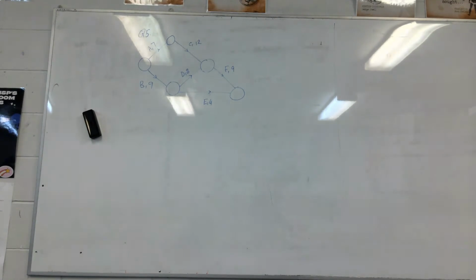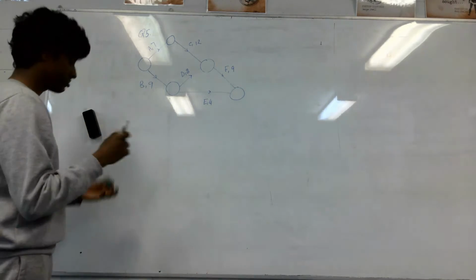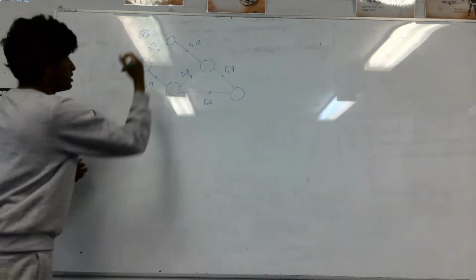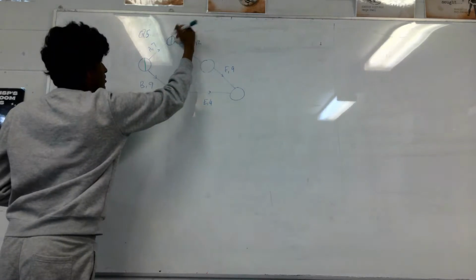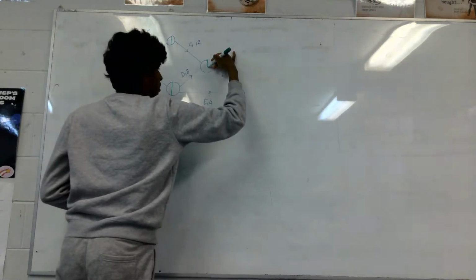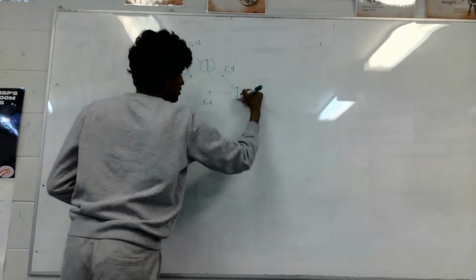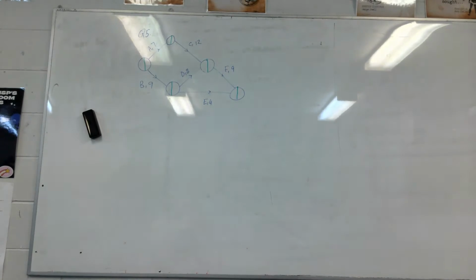So to do part A, forward scanning. I'm going to do it in green. To do that, we're going to split all our circles in half. And then on the left hand side of each circle is where we're going to put our forward scanning.